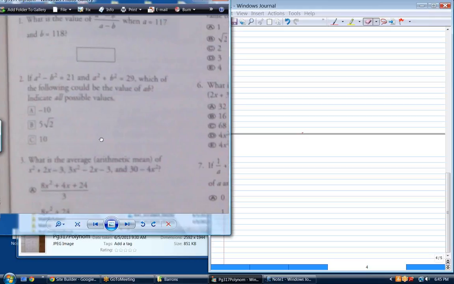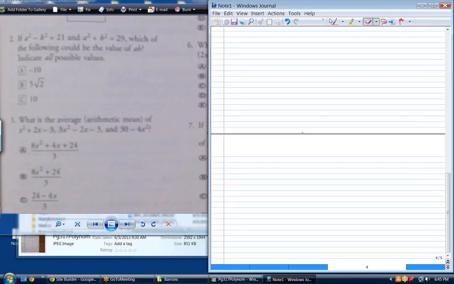All right. If a squared minus b squared equals 21 and a squared plus b squared equals 29, which of the following could be the value of ab? Could be the value of a times b, right, the value of the product ab.